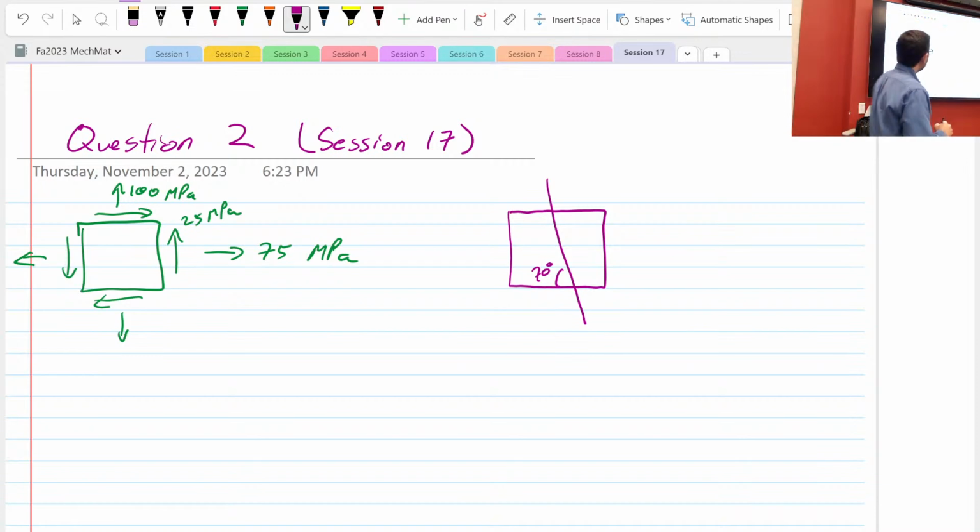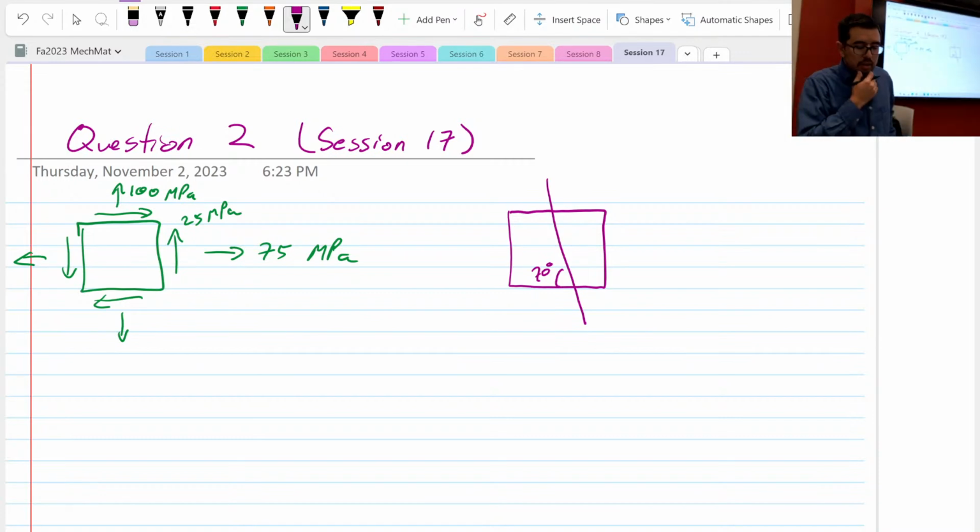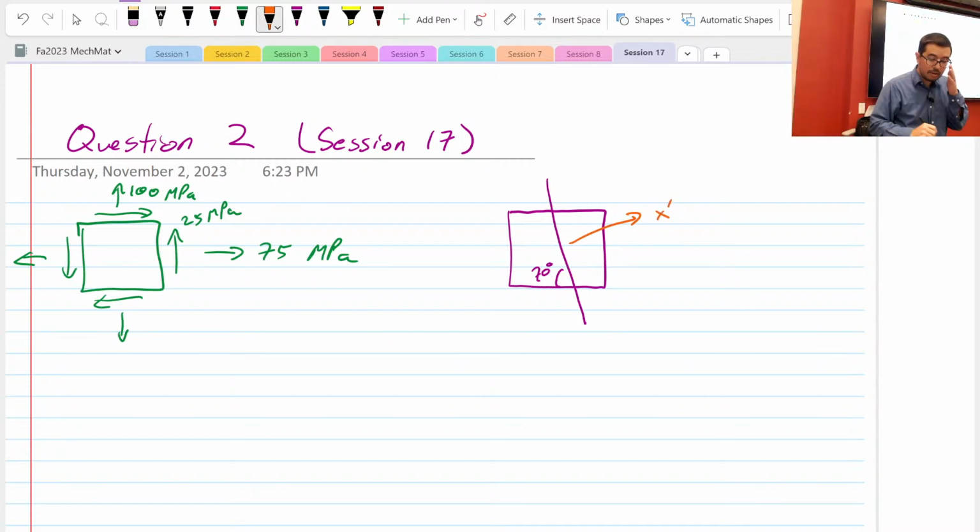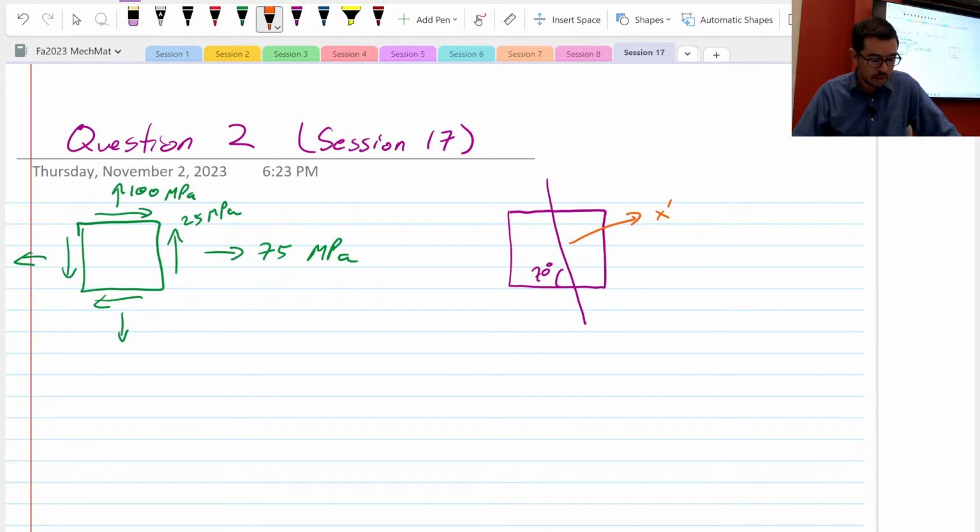Okay, I'm trying to make it exaggerated, so I'm trying to make it closer to 90 degrees. So this is what happens. Sometimes you're like, okay, I'm interested in what's coming out of this face. Okay, this is going to be my new x prime direction. Okay, and I want to figure out what sigma x prime is.